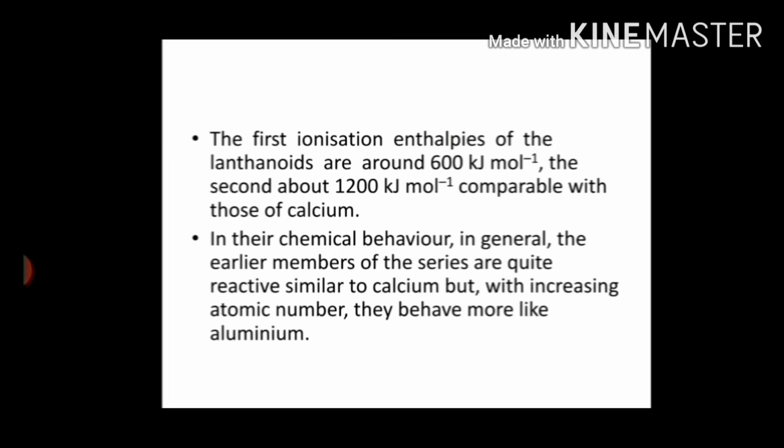The first ionization enthalpies of lanthanoids are around 600 kilojoule per mole, and the second about 1200 kilojoule per mole.